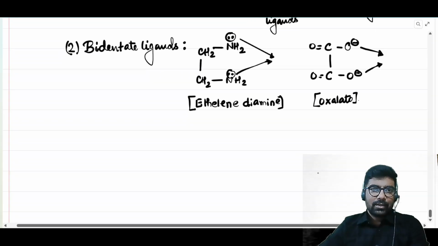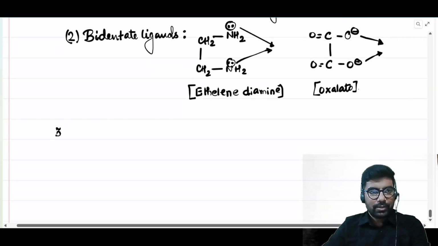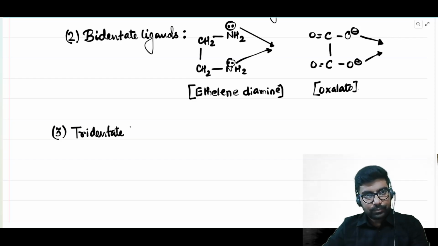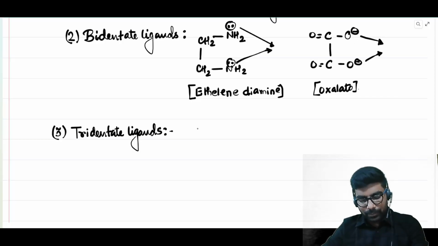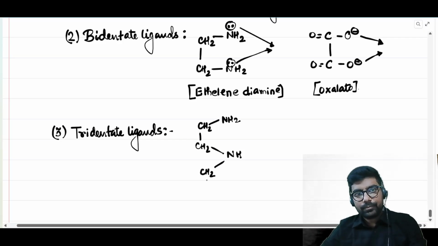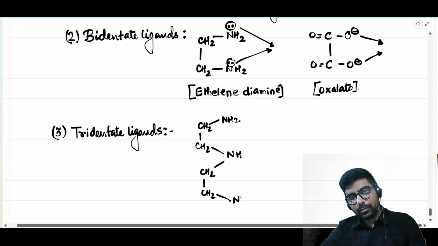Okay. Now, of course, there is a tridentate ligand also. Something like this. NH2, CH2, CH2, NH, CH2, CH2, NH2.